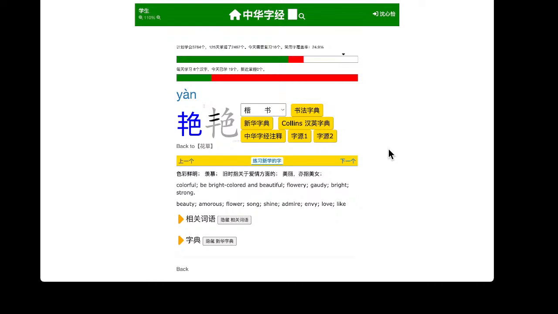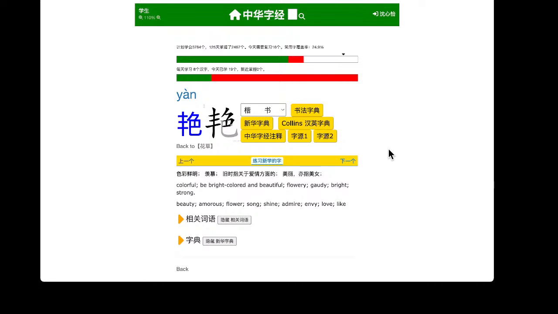艳. 艳 means colorful, actually very bright. It means bright colored, colorful, and beautiful, flowery. Lots of flowers, lots of color. Okay, bright. So that's 艳.